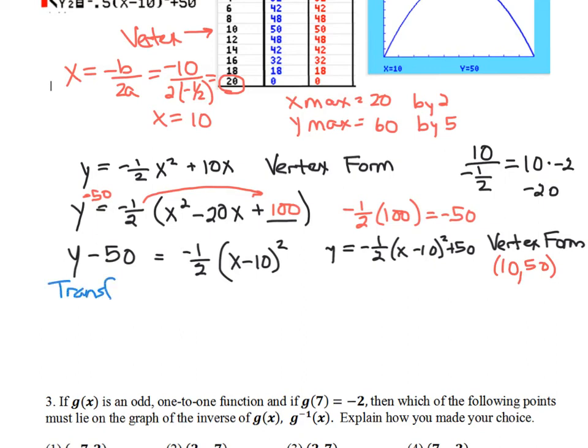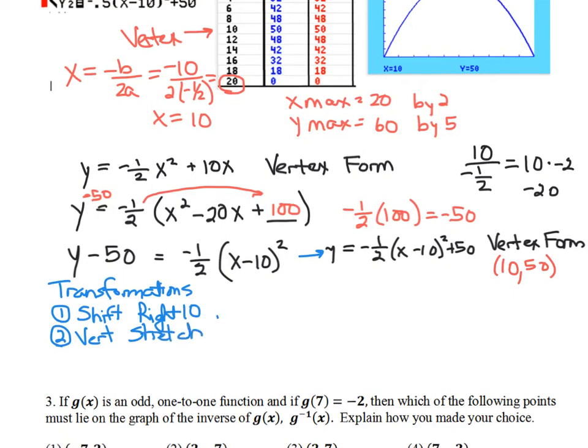So for the transformations, now I'm looking at this vertex form equation. My first step is going to be to shift to the right 10 units. My second step is going to be that vertical stretch because I see that I've got to multiply by 1/2.